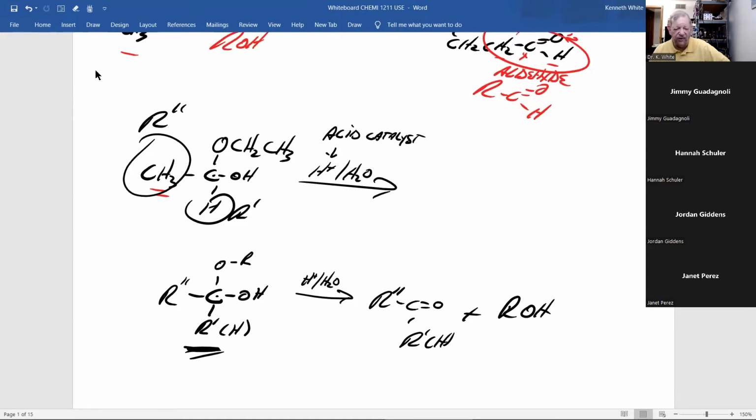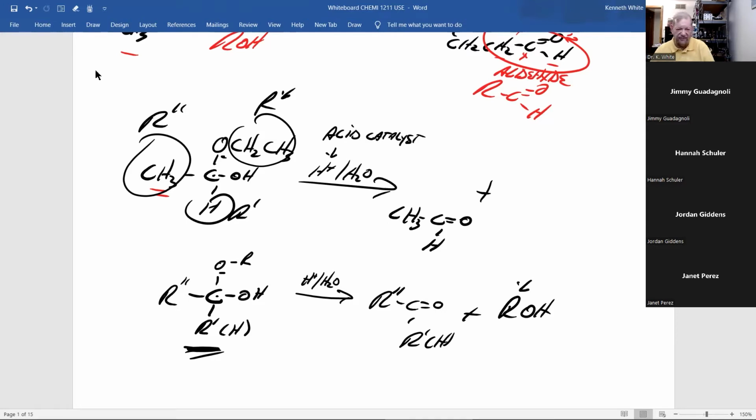Methyl. What's the carbons on the oxygen up here? R. So, and I should have put two question marks. The first is carbonyl. What's attached to it? Our prime is hydrogen. Our double prime is methyl. And that's one product. And the other product comes from the R group to make this alcohol.